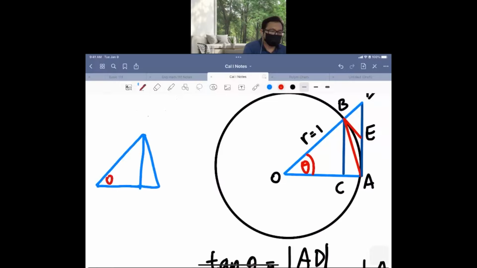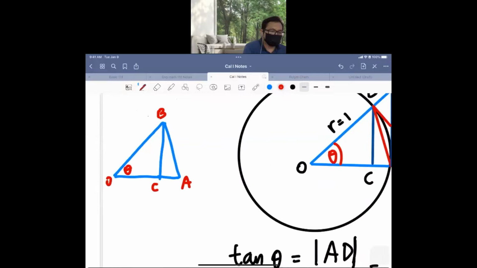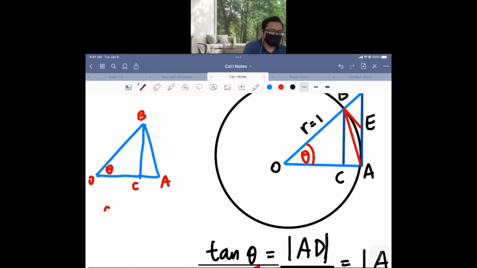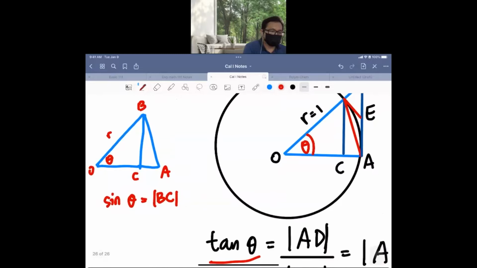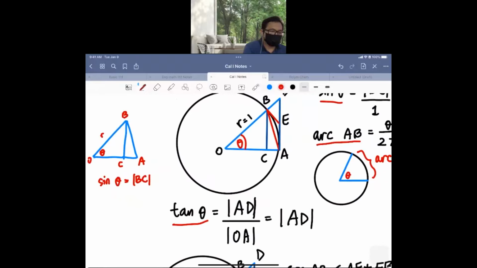Forgot to mention, this is theta. This is OBCA. Okay, sine is BC.